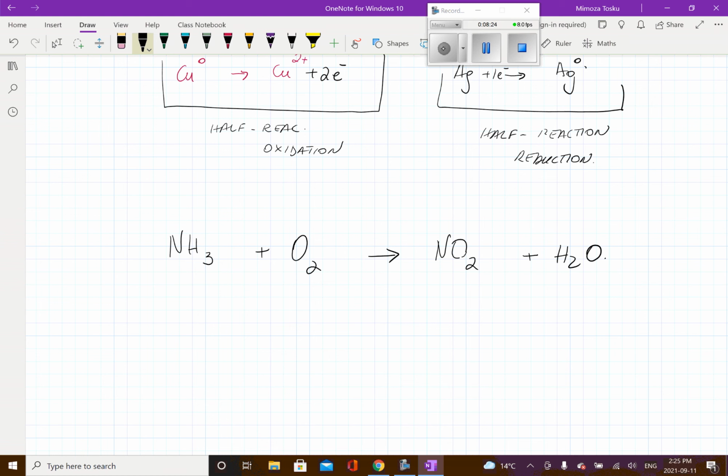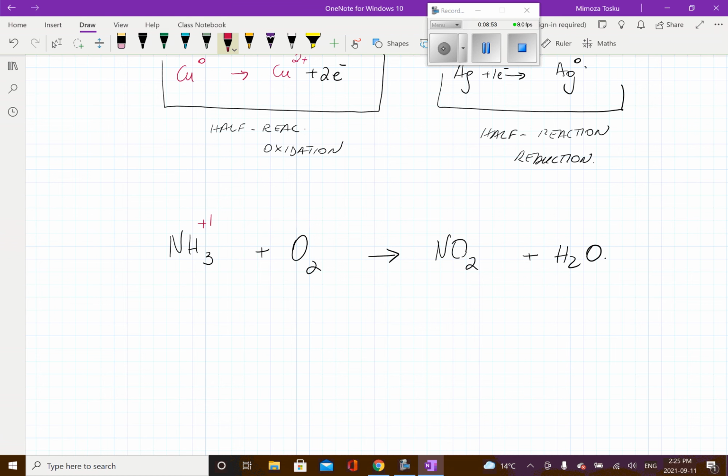So we'll start with NH3. When we see the NH3, hydrogen is +1, and there is one exception for hydrogen. When it is combined with a metal, then it is -1, but in this case nitrogen is not a metal, so it will be +1.